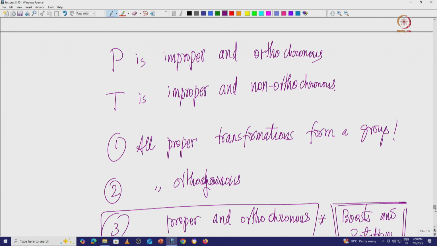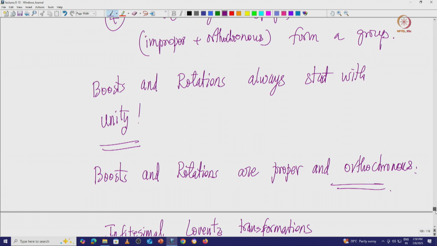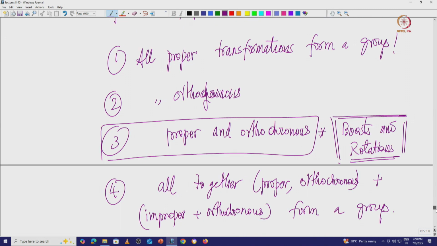Okay. So now what we have seen is that all the proper transformations form a group, all the orthochronous transformations form a group, and the intersection of proper and orthochronous transformations also forms a group.